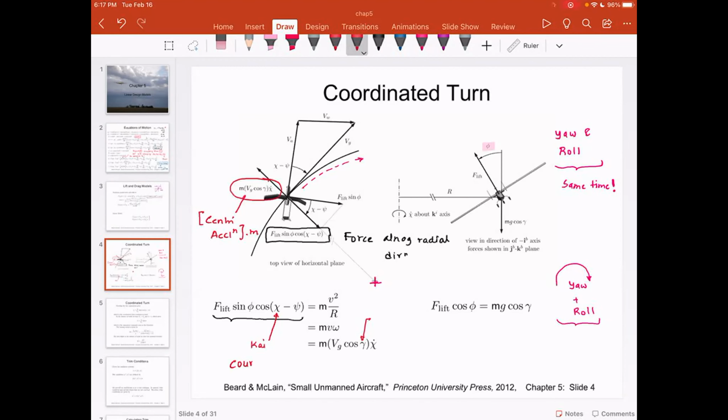We looked at it. And this angle is called gamma, and this is called the flight path angle.